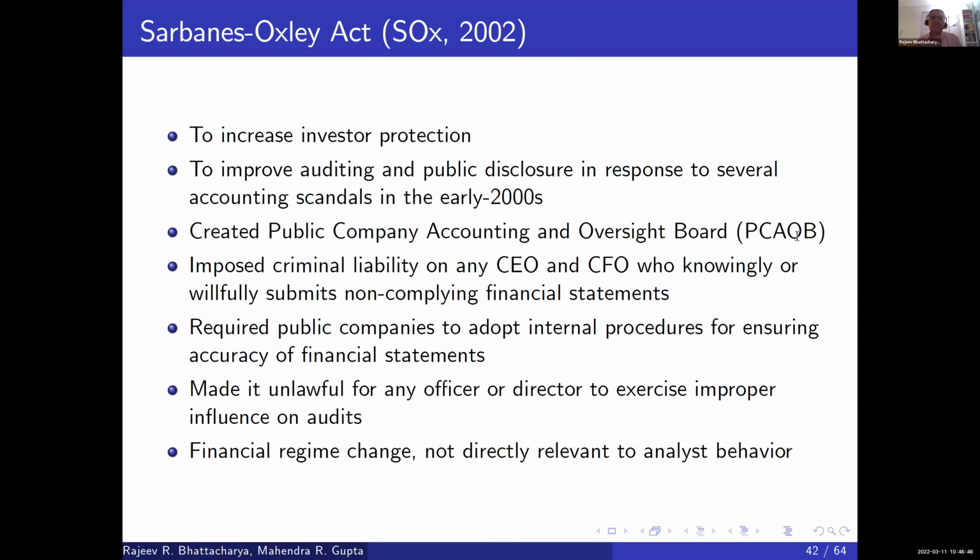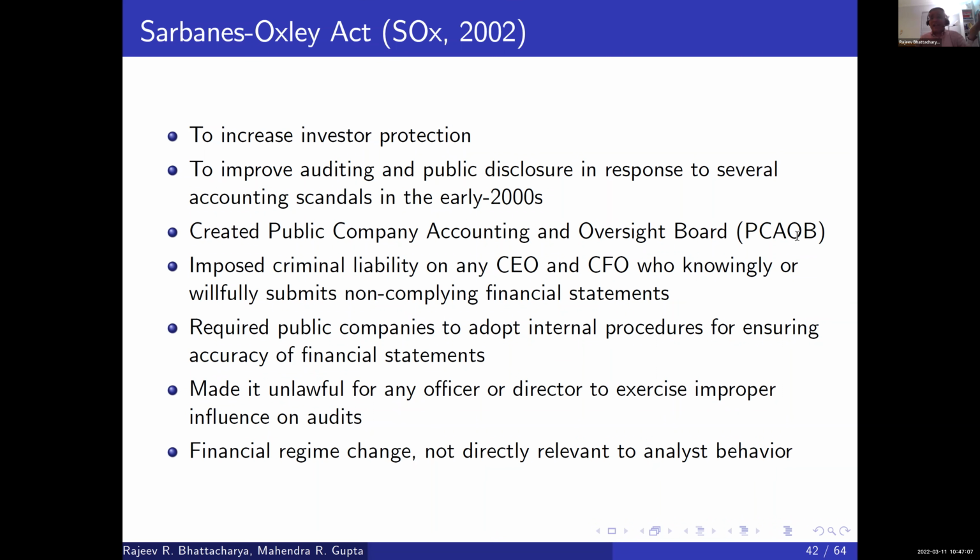Then SOX, Sarbanes-Oxley, which was the idea of increasing investor protection, which happened right after the dot-com bust and in response to Enron and its bullying auditors. So it created the Public Company Accounting Oversight Board.